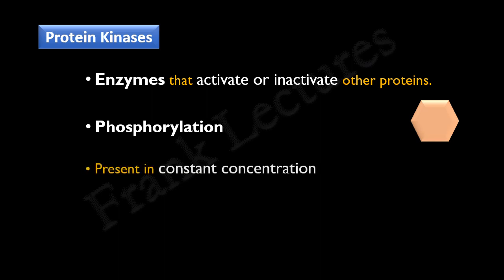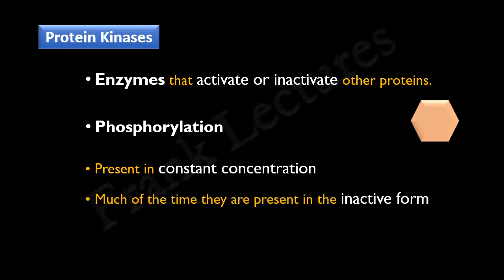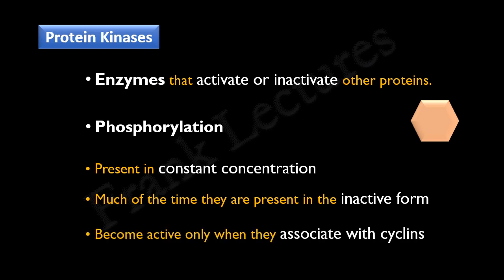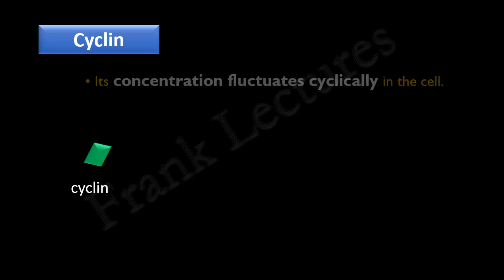Kinases are present at a constant concentration in a growing cell, but much of the time they are present in the inactive form. Kinases become active only when they associate with cyclins. Cyclin is again a protein, and it is named so because its concentration fluctuates cyclically in the cell.